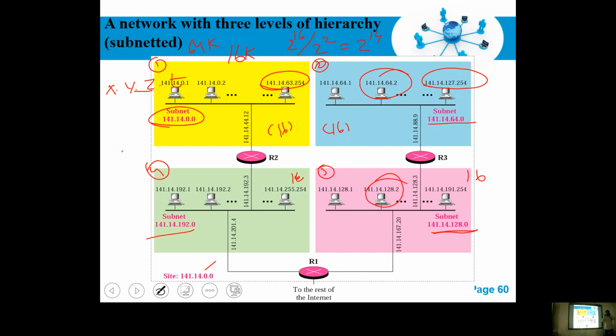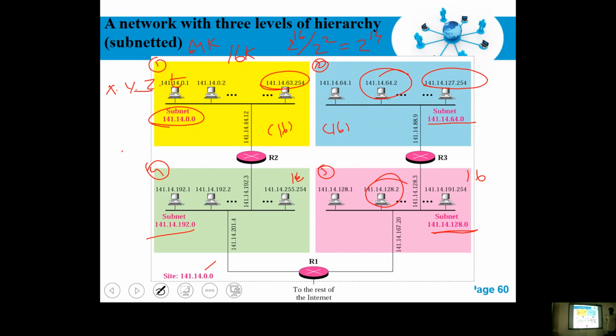How to find this? Like in the previous class, if I give any IP address, you will be able to find the starting and last address. How are you finding it? With class, that is fine.